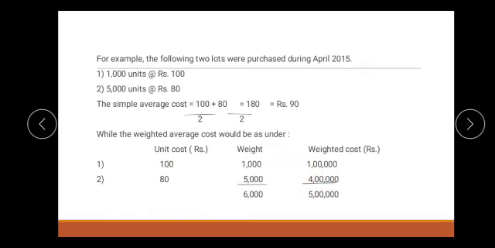The total weight is 6000 and the total weighted cost is 5 lakh. The weighted average cost: 5 lakhs divided by 6000 is equal to rupees 83.33.